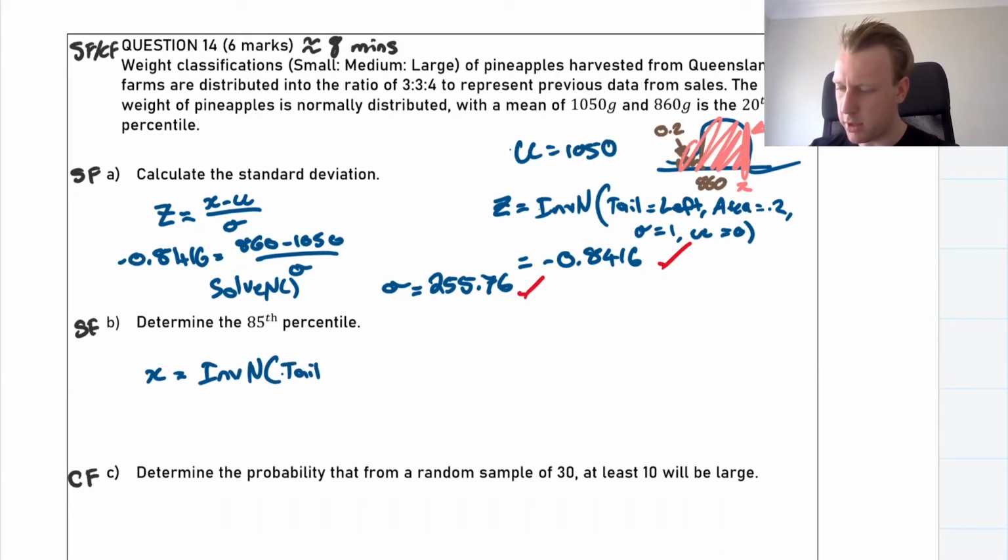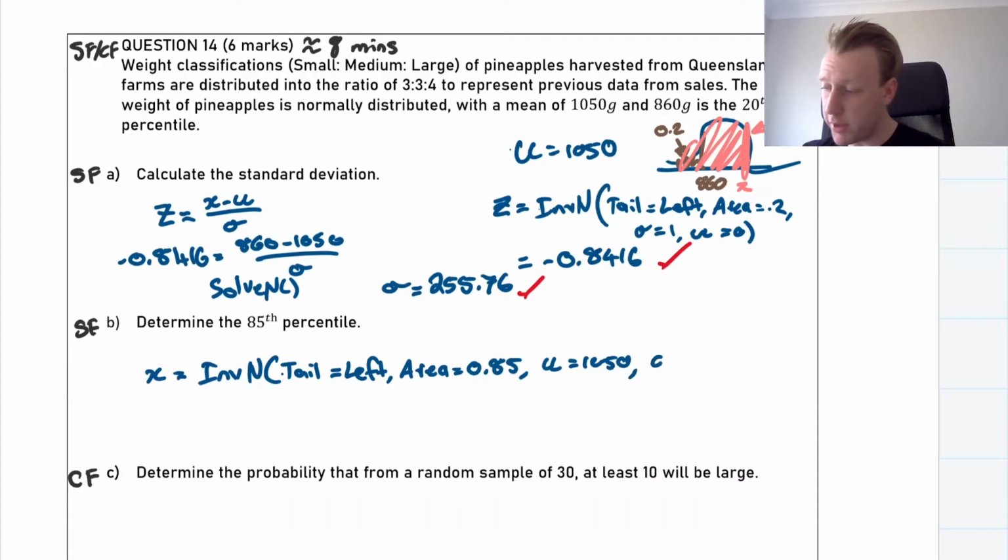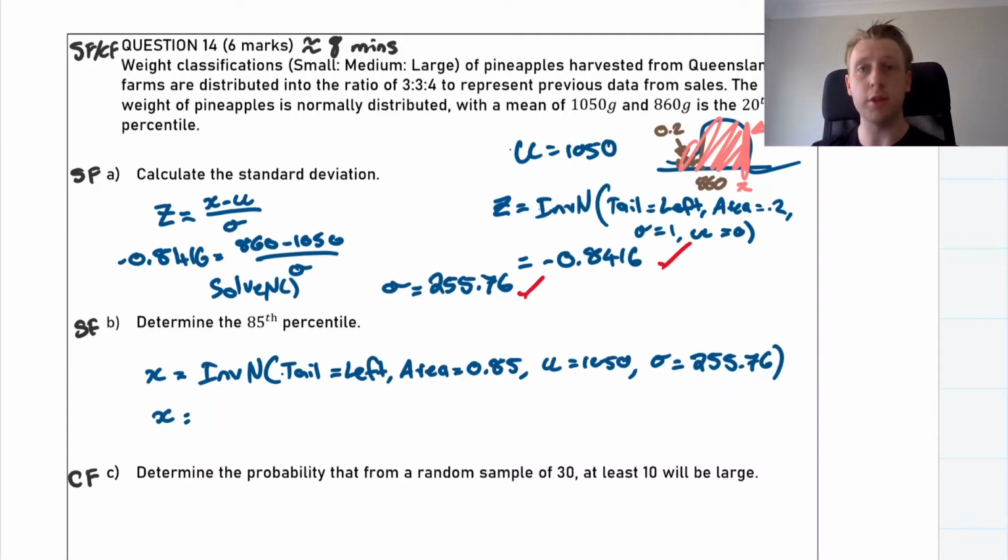Tail equals left, where our area equals 0.85. The mean is 1050. And now we've figured out the standard deviation, so we can sub it in, 255.76. And this inverse normal will tell us what's the exact score that comes up there with those parameters.